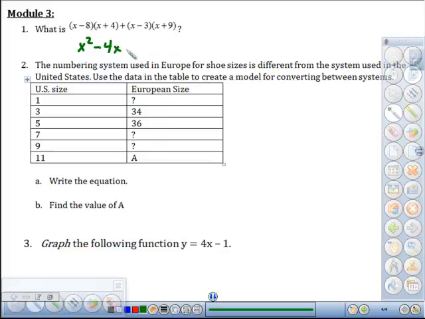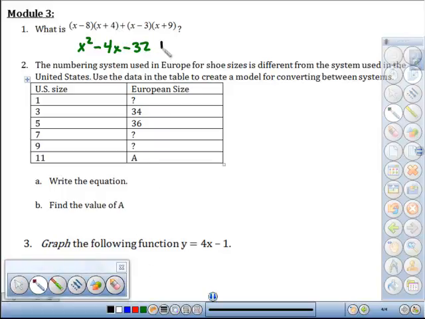And then they will multiply to give me negative 32. That's the one side. Now I have to add those things together, so here's a big fat plus sign. And then the next one over here I'm going to distribute, and so I get x squared, and then those will subtract to get positive 6x, and then they'll multiply to get negative 27.